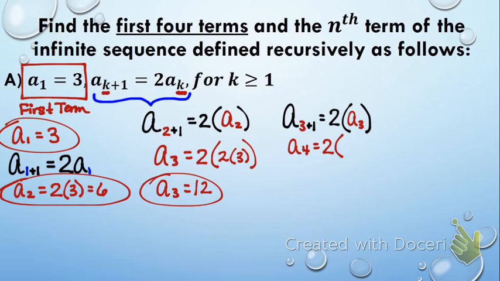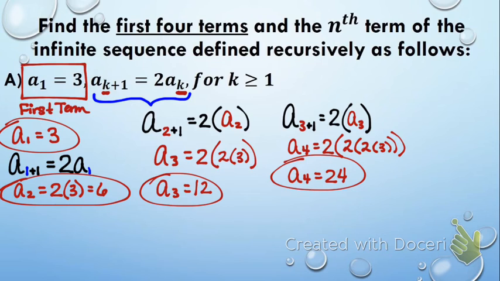So we do 2 times A3. How did we find A3? It was 2 times A2, right? And how did we find A2? 2 times A1. And A1 was 3. Fourth term is 24. Here's why I wrote it down like this.